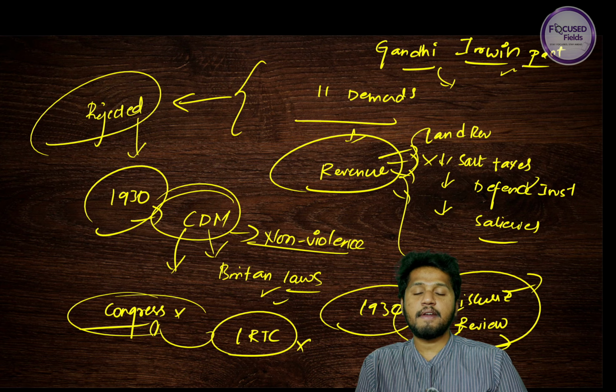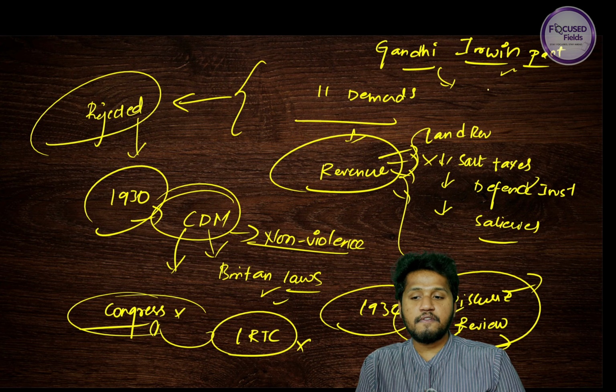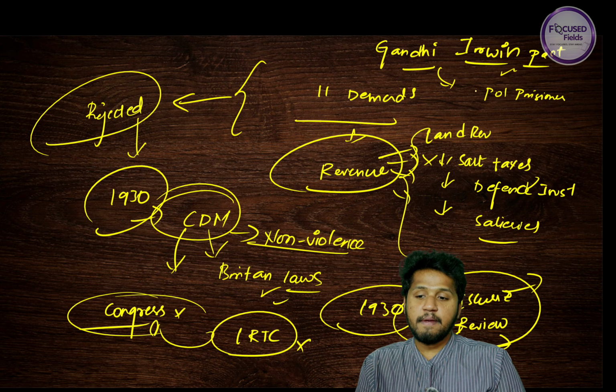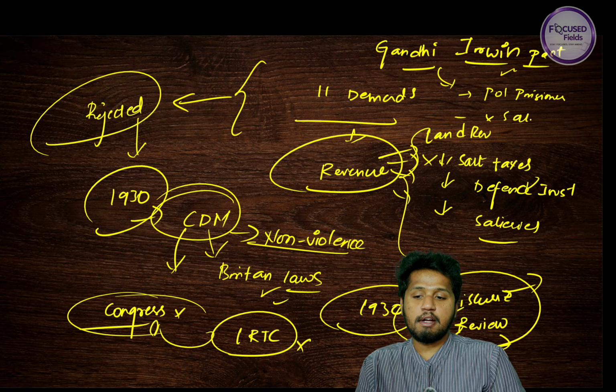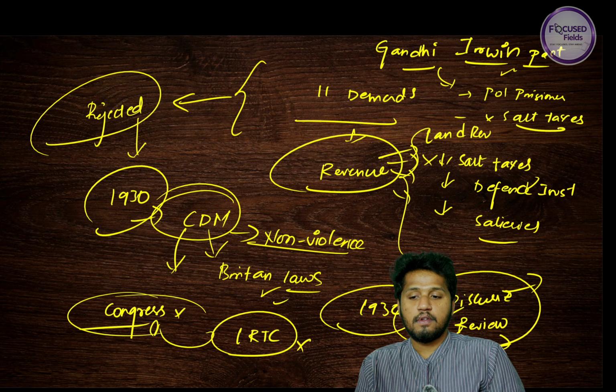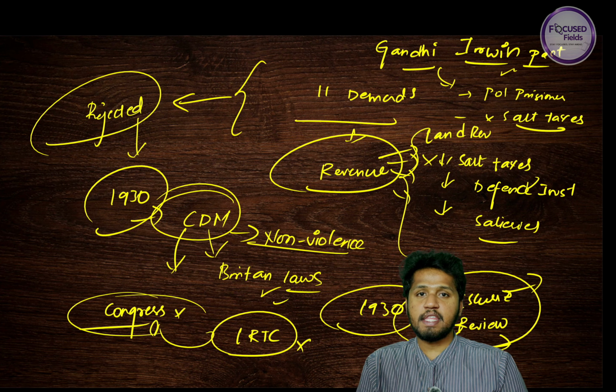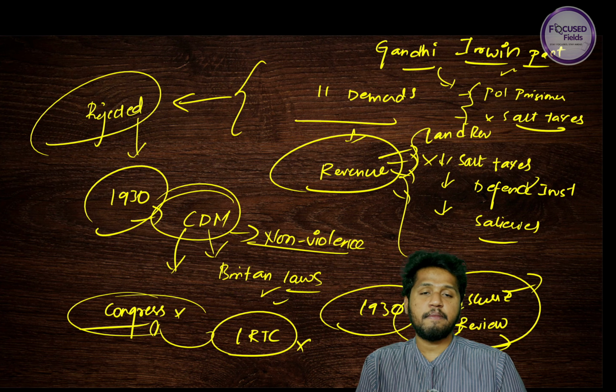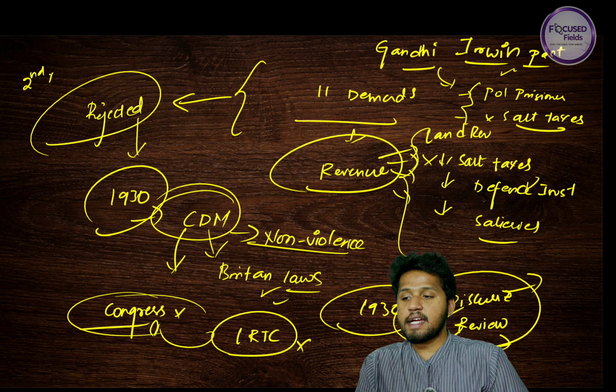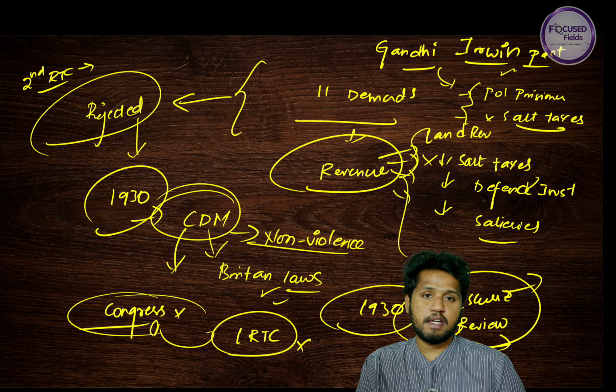That is the Gandhi-Irwin Pact. Gandhi demanded the release of all political prisoners. He demanded the abolition of salt taxes. Whatever he demanded in the Gandhi-Irwin Pact, all of them were implemented. For that reason, Gandhi attended the second roundtable conference.